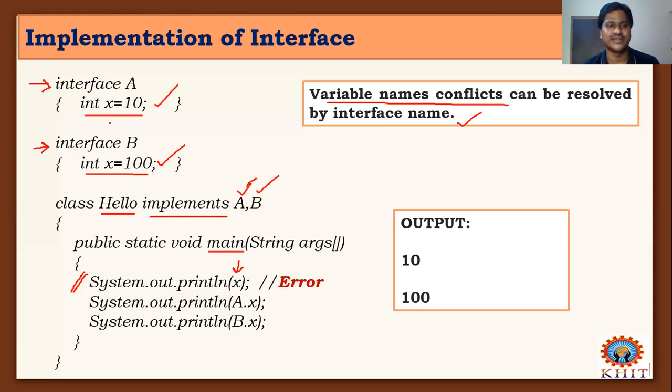Any variable declared in an interface, by default, we consider as final and static, so a static variable cannot be accessed directly. Here also there is a naming conflict about which x should be accessed, either this x or this x. So it is a name conflict, and it can be resolved by the interface name while accessing these variables. We can access that x by mentioning the name of the interface.